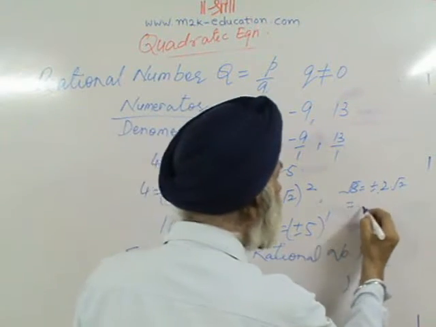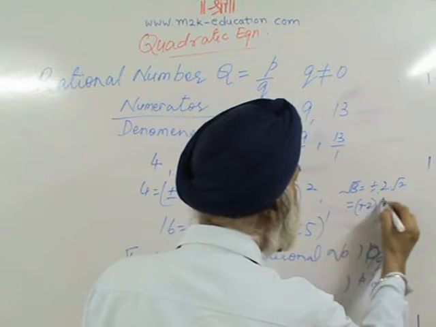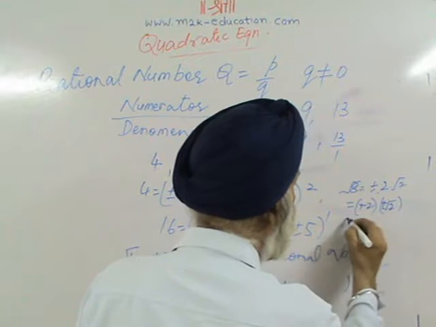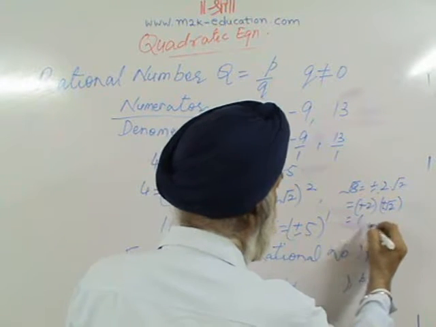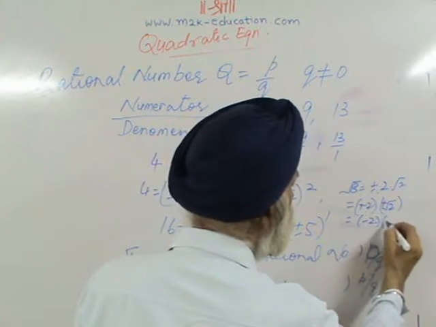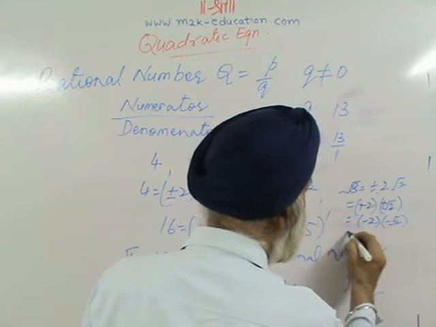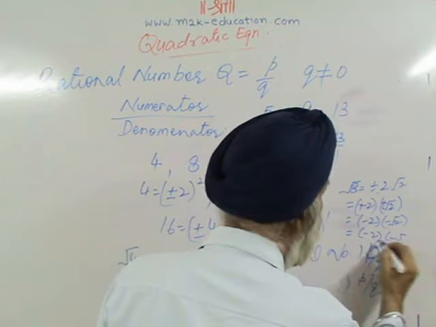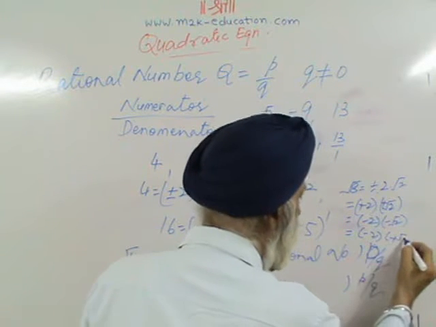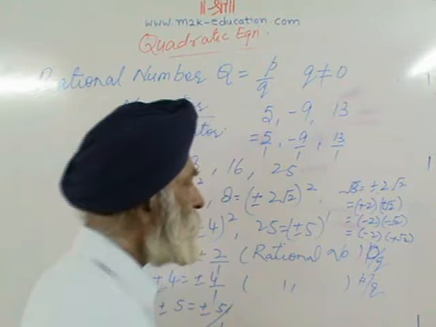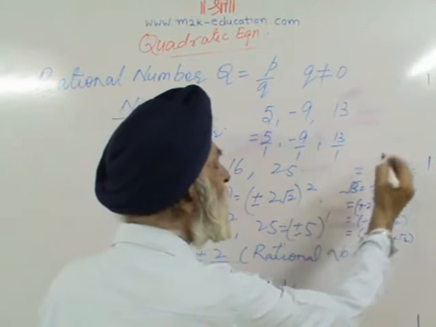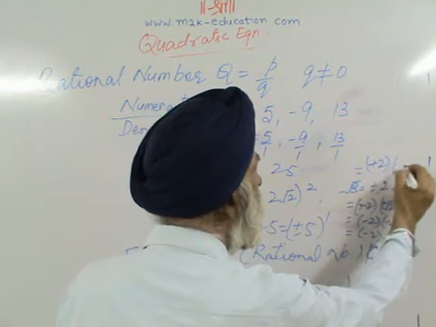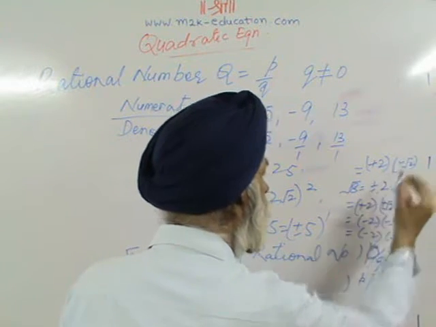Meaning I can write it as plus 2 into plus root 2, or minus 2 into minus root 2, or minus 2 into plus root 2, and it can also be plus 2 into minus root 2.